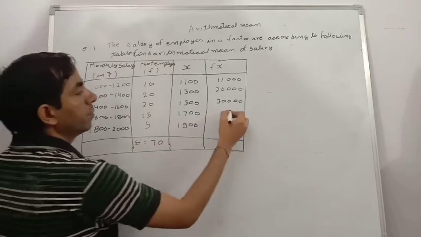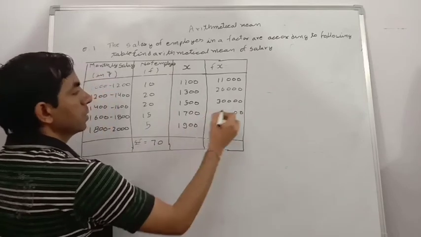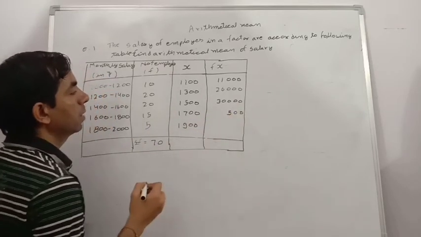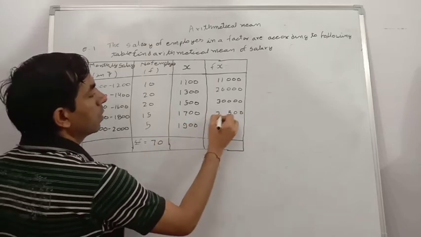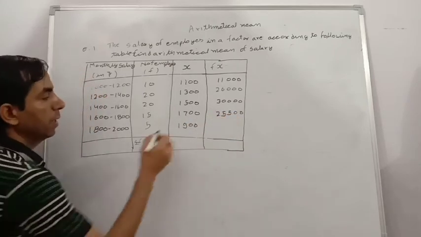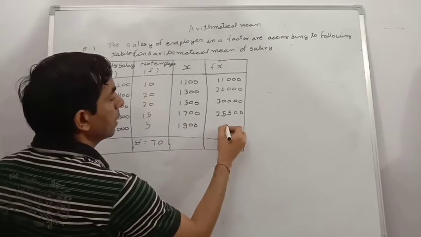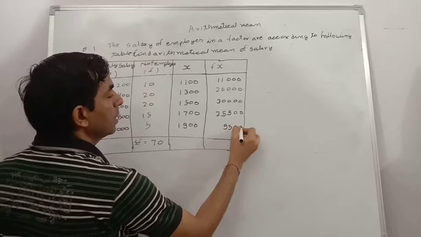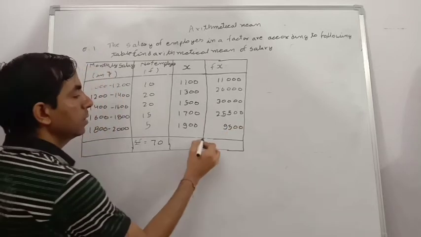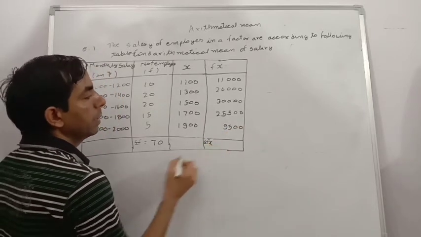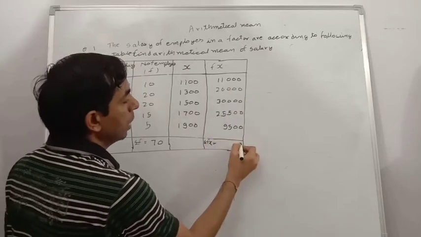Next, 25,500. Then last, 1900 multiplied by 5 gives 9,500.